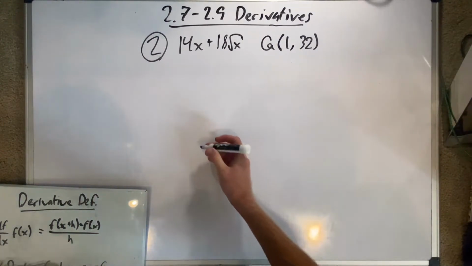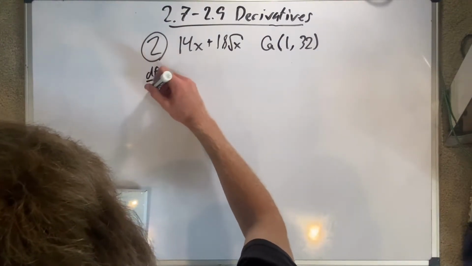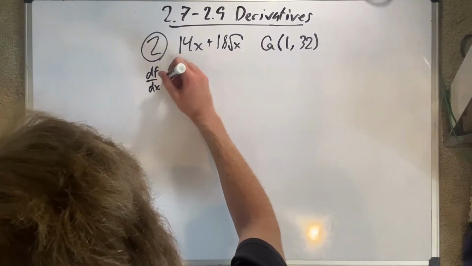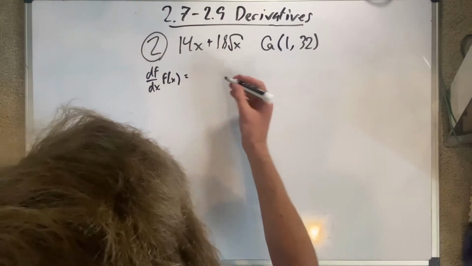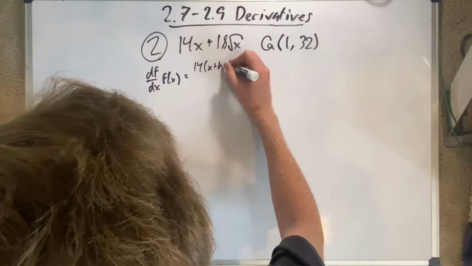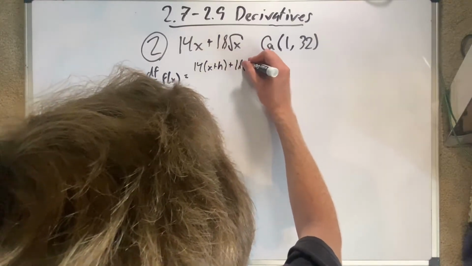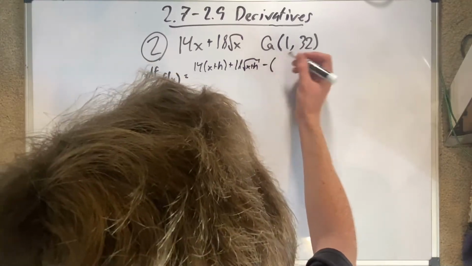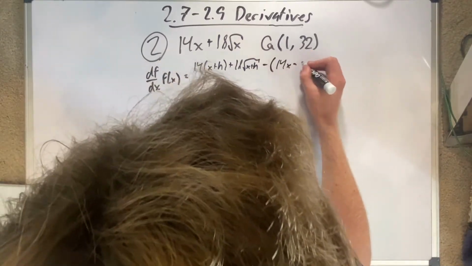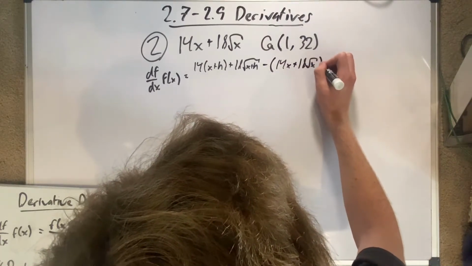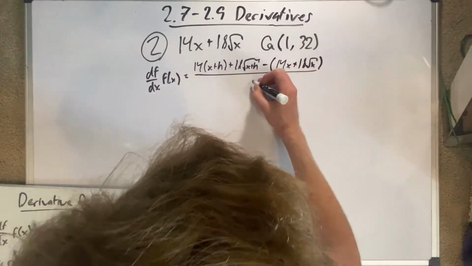So we need to find the derivative. So d f over d x, because we want to find the tangent line of our function here, is equal to 14 times x plus h plus 18 rad x plus h minus 14x plus 18 rad x, all over h.